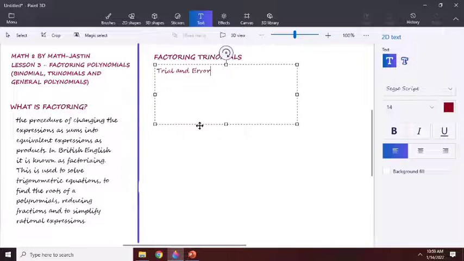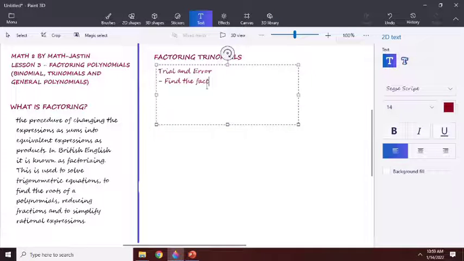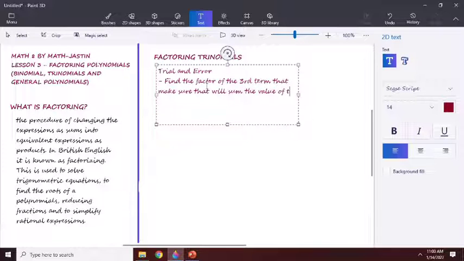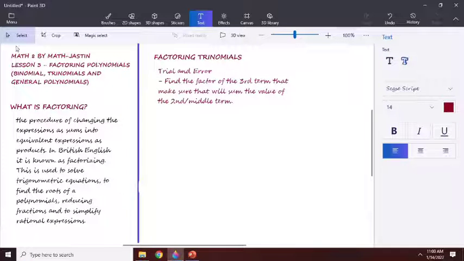You just find the factors of the third term, since a trinomial has three terms, that will sum to the value of the second or middle term. Make sure that the factors of the third term sum to the second term. You should remember this because it is also applicable to general polynomials.